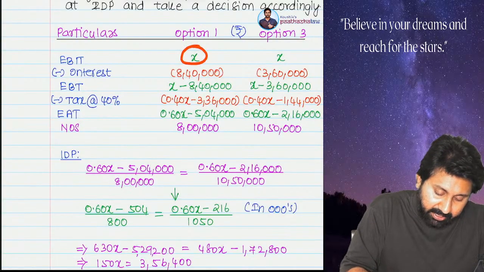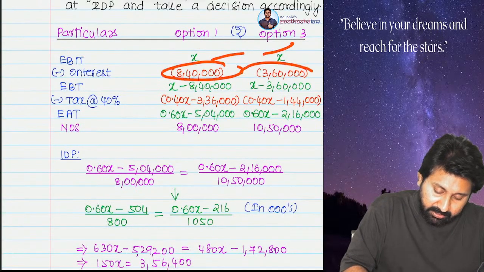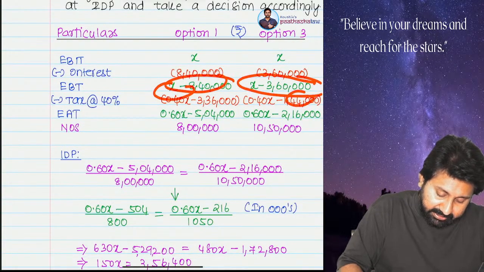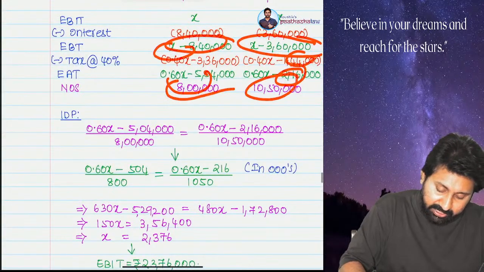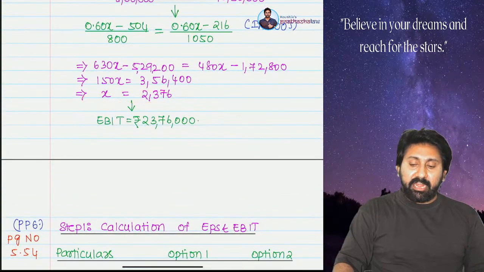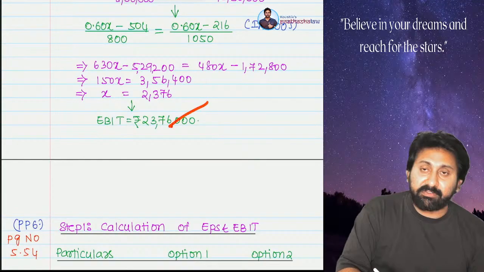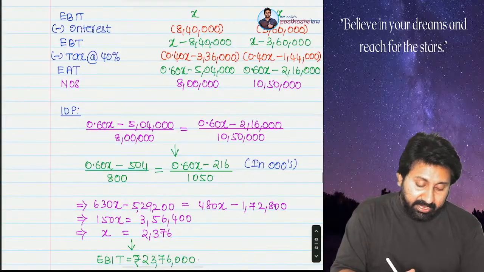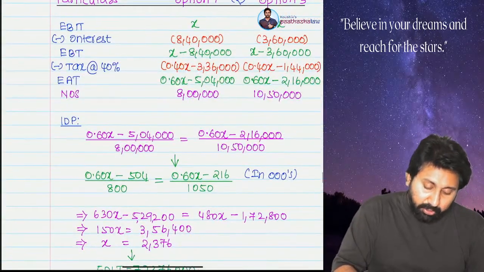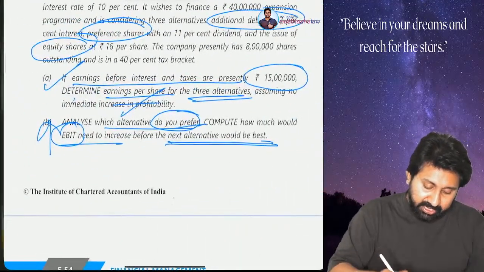So EBIT is X, interest we have taken, EBT calculated, tax, EAT, number of shares. Equate both of them, EBIT comes to 23,76,000. What is this 23,76,000? This is the EBIT at which EPS under both the alternatives will be the same. So this is the question that is being asked.